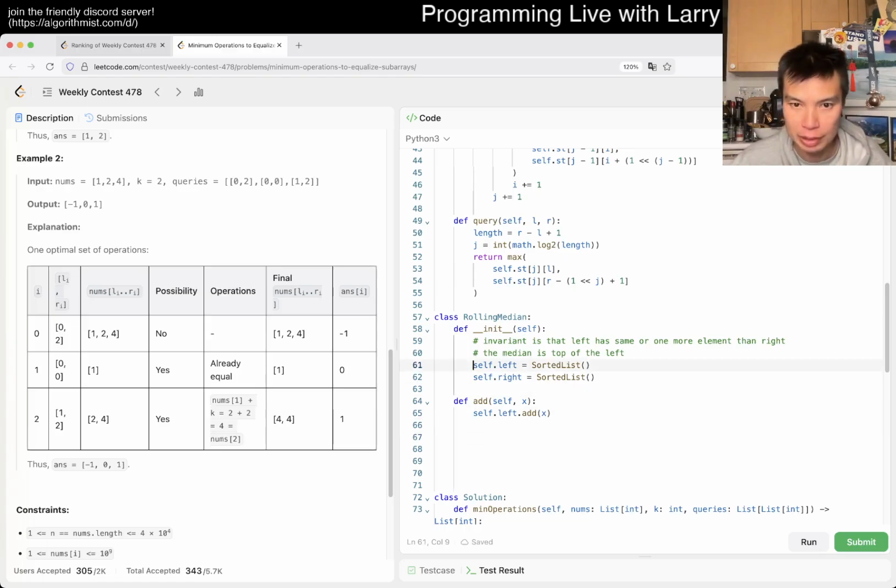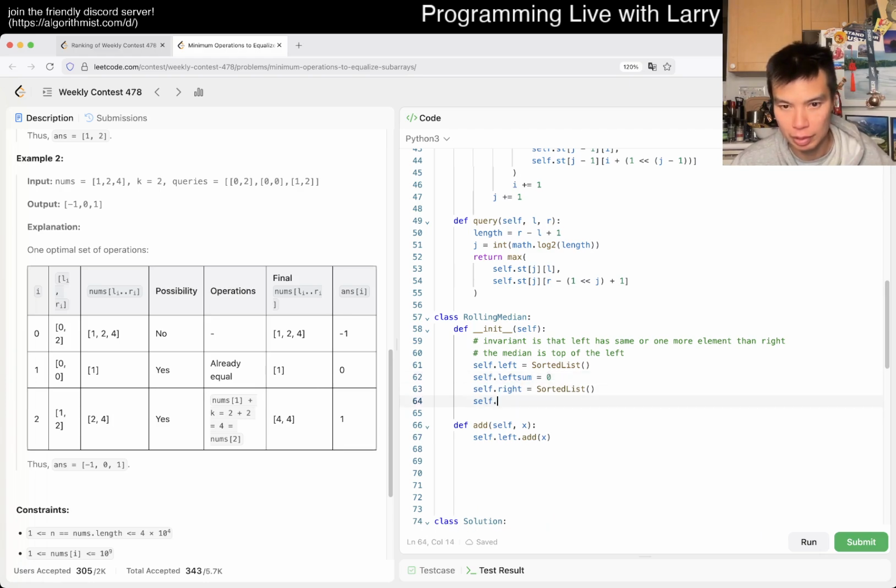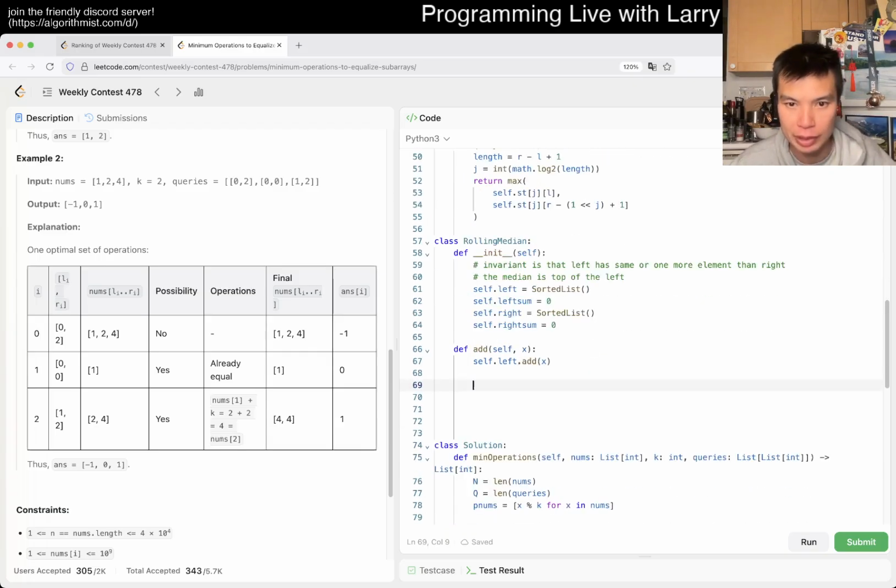I think all we need is to track the left sum. Okay, and we just kind of do it every step of the way, right? When we add here, right? So then now, yeah, okay. It is annoying, but it is fine, maybe.